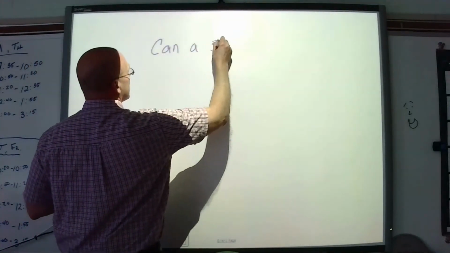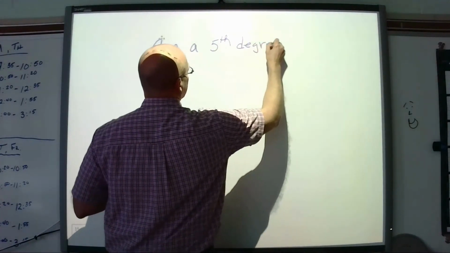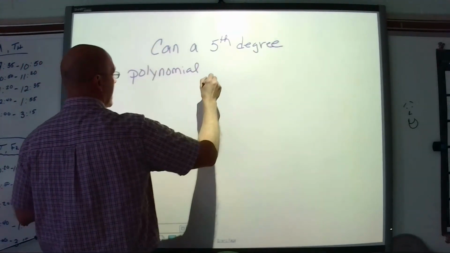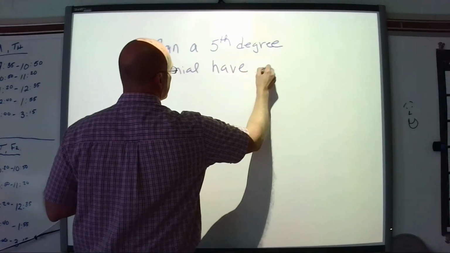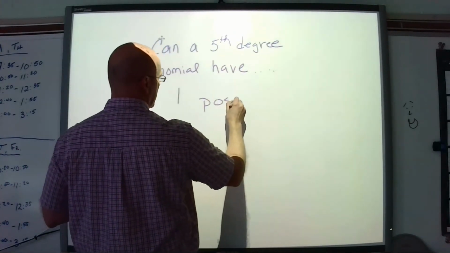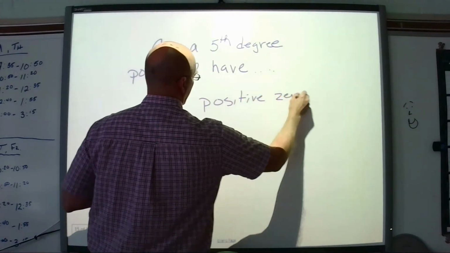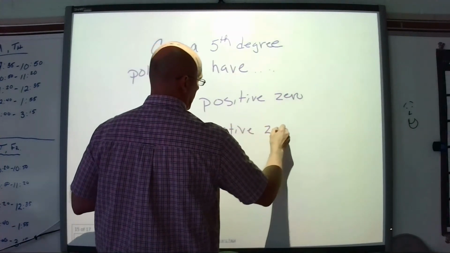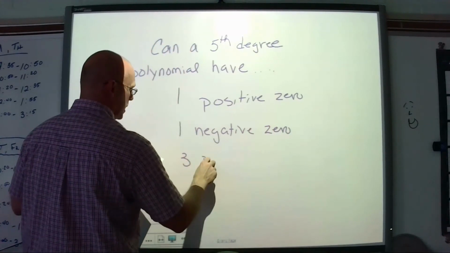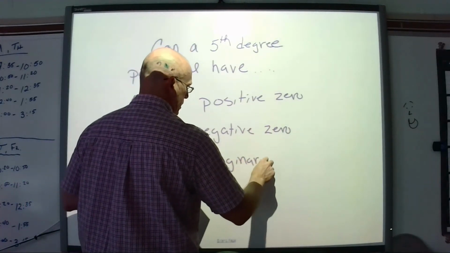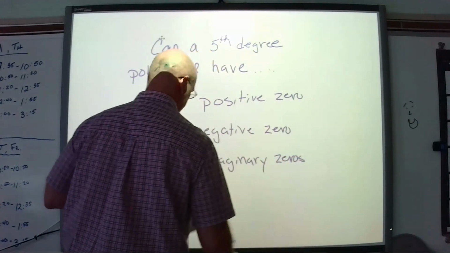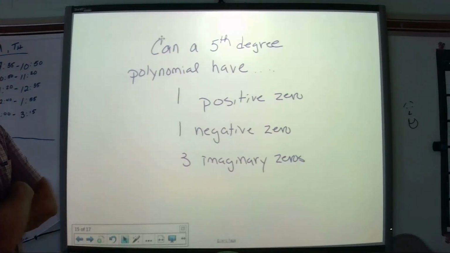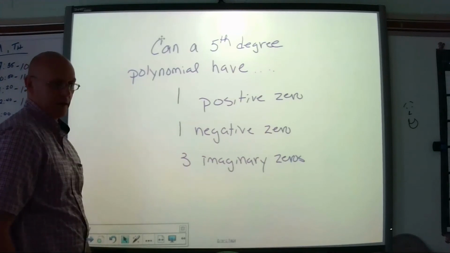Can a fifth degree polynomial have one positive zero, one negative zero, three imaginary zeros? Can it have those things? Can a fifth degree polynomial have one positive, one negative, and three imaginary?